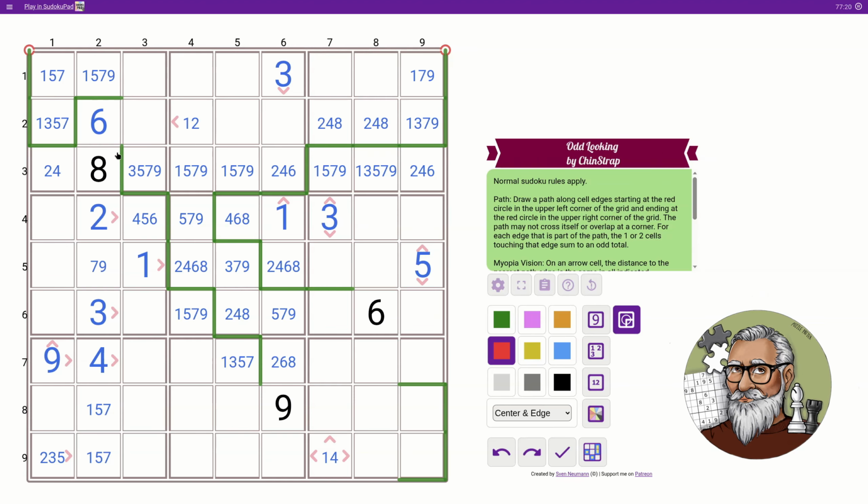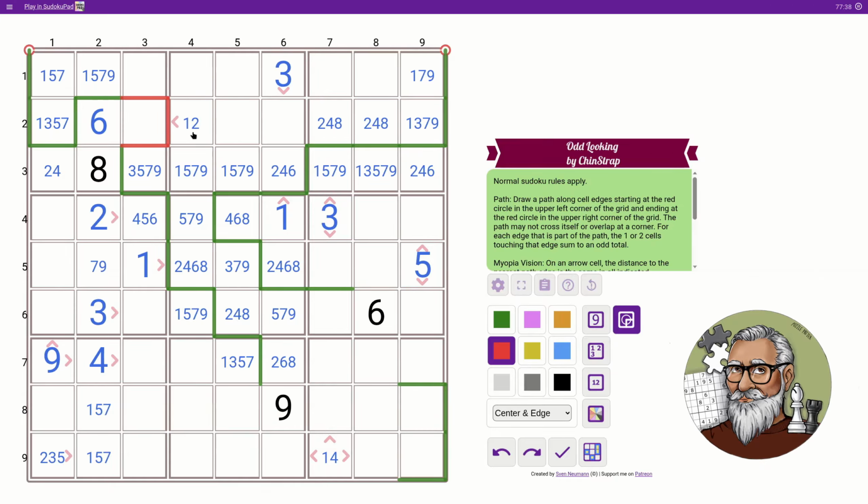Okay. The other option is this, I presume. This one is odd. That's fine. Well, it doesn't have to be. This becomes an even, and that is odd. Even. And all of these are odd then.